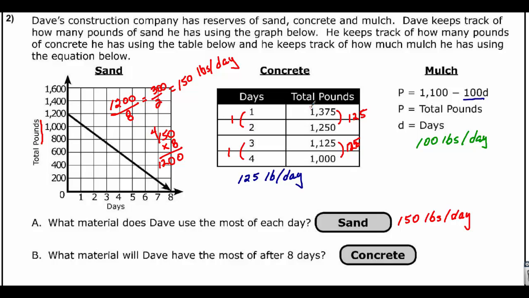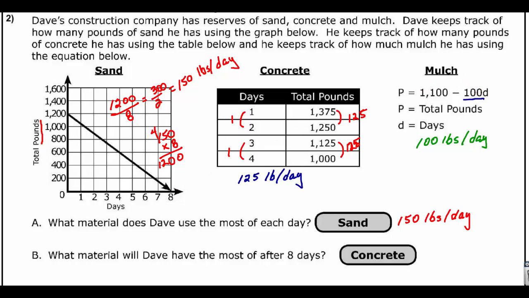He started out with 1,375. If he decreases that at 125 per day, he will still have more concrete left, because notice at the end of 8 days, this runs all the way to 0.